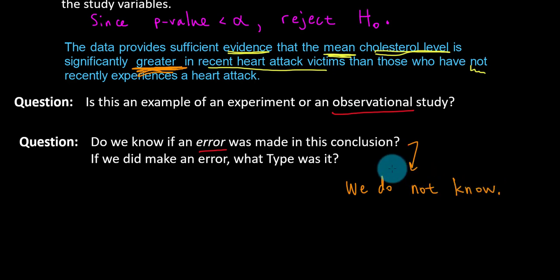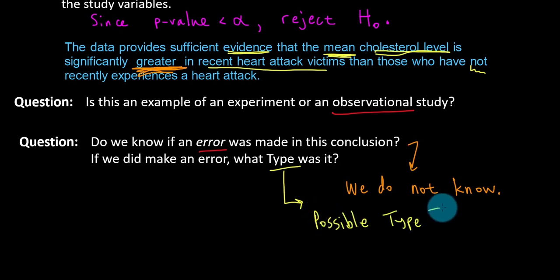We don't know if an error was made. However, if an error was committed, what type was it? Well, because we rejected the null hypothesis, this could be a possible type 1 error, but we don't know. It could have been a correct conclusion.